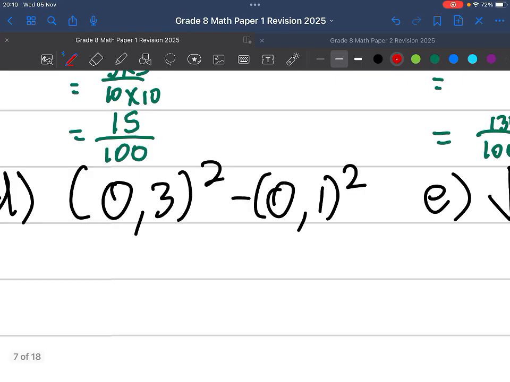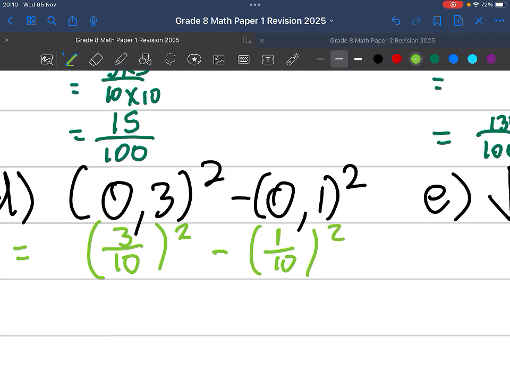Next one, 0,3. Let's pick it up. I'm sure you know how to convert this to a fraction by now. It's 3 over 10. Remember the bracket with the square. Minus 0,1 will be 1 over 10. We've worked with brackets and fractions and squares before. We distribute this.